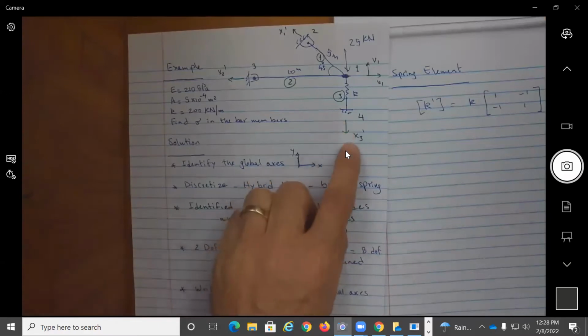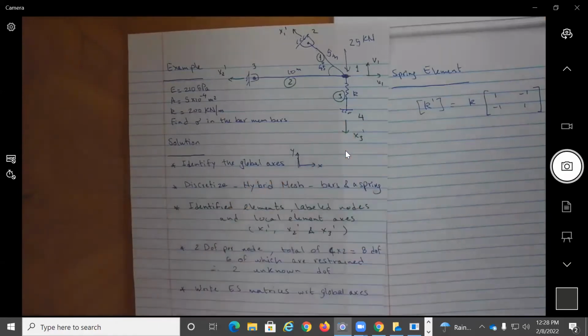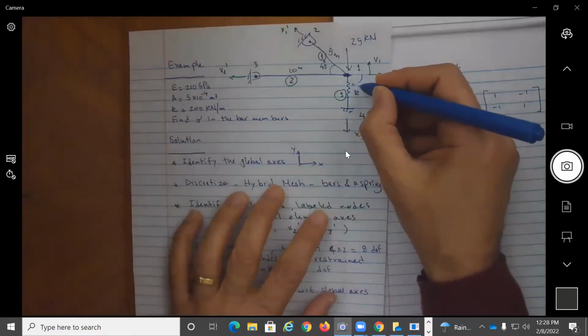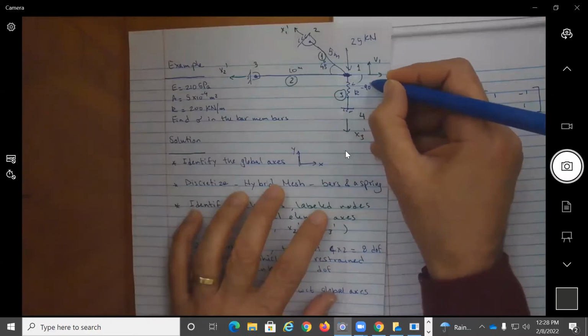So this is with respect to x3 prime. Now, if I look at the angle here, I can think of this as going in a negative 90 degrees, right?